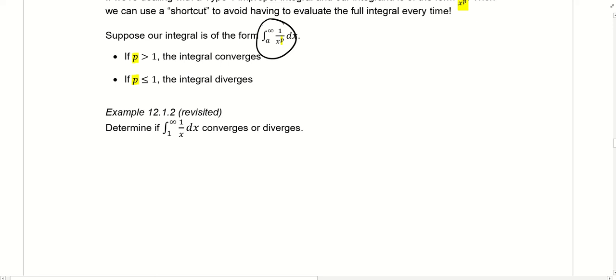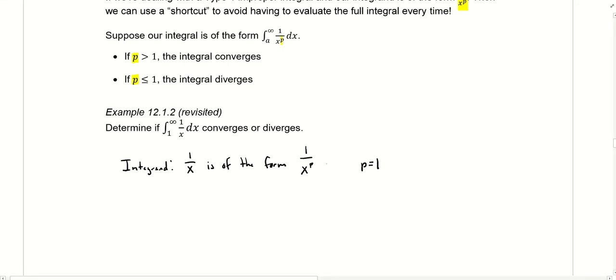We're integrating from a constant to infinity, and technically our integrand is of the form 1 over x to the p. So this 1 over x is of the form 1 over x to the p, where p is just equal to 1, right? x to the 1 is the same thing as just x.